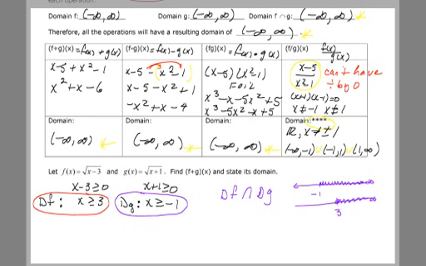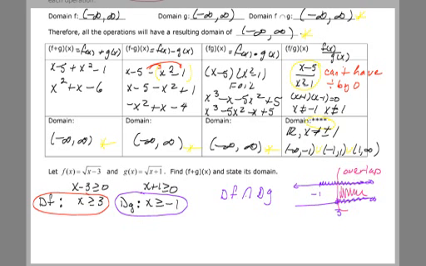Okay, so if I look at these two, and if I want to find the intersection, if you remember, intersect is where they overlap. So if I look at these two shaded portions, intersection would be in this area here. That's where they overlap. So if I want to find the domain, when I start performing operations, I've got to find where they overlap.